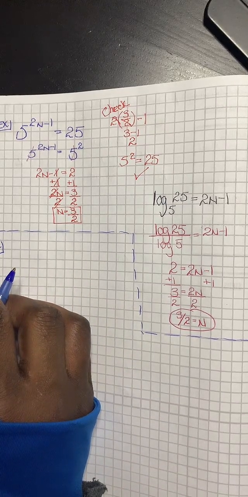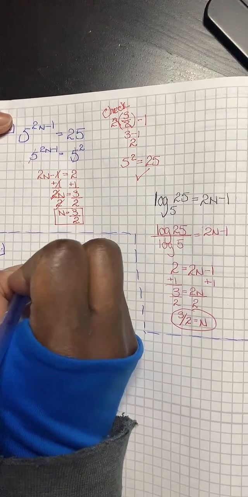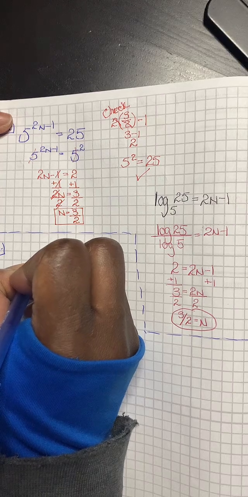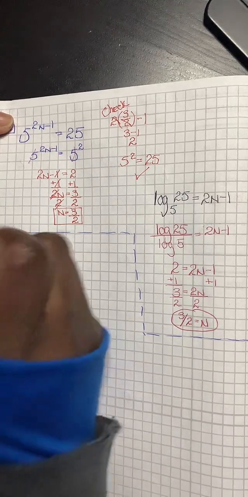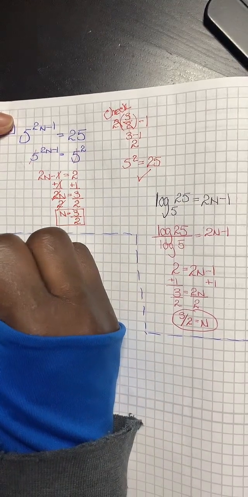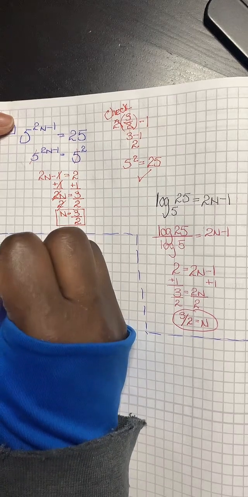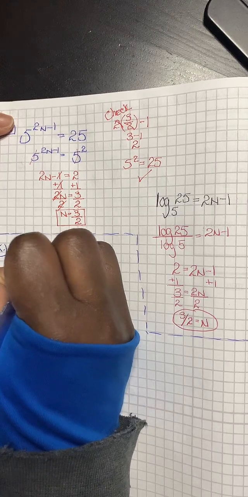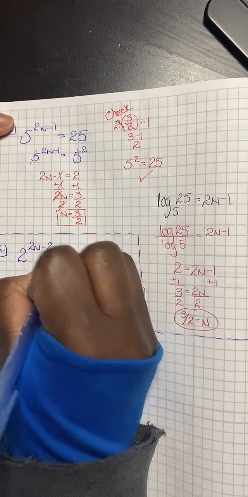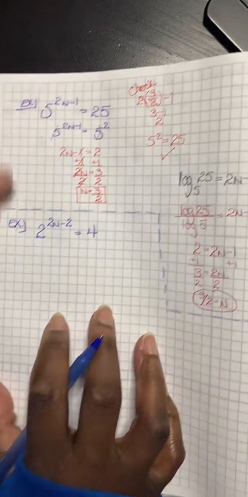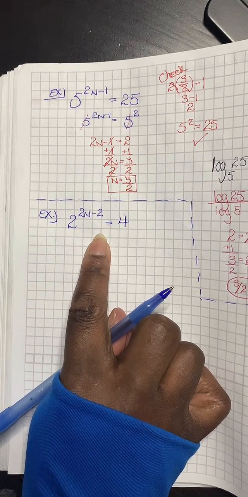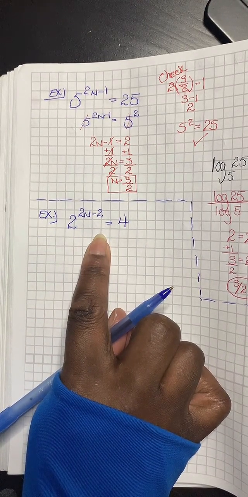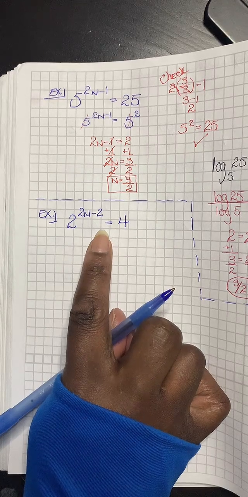So let's say we have... I don't think I want to go that far. We'll go this way. I know it's basic, but I just want to make sure you understand the concepts. Okay, so we're working on this one right here.